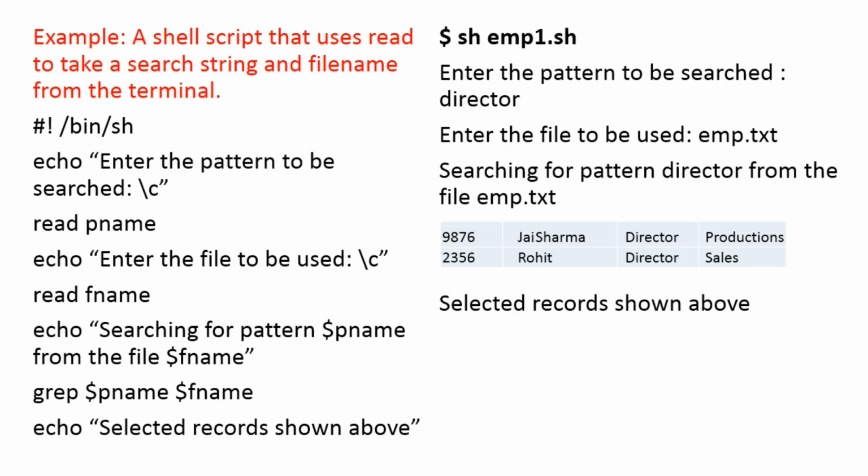After getting the result, I am displaying one message, that is, selected records shown above. So this is just one basic example of how to write a shell script: how to print a message on the terminal, how to read the variable, then how to read the file name, and then how to search the pattern by using the command grep.